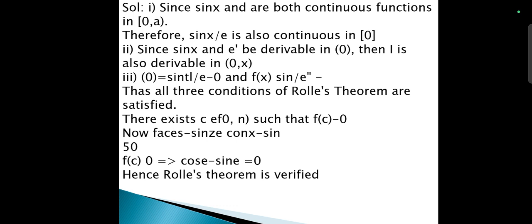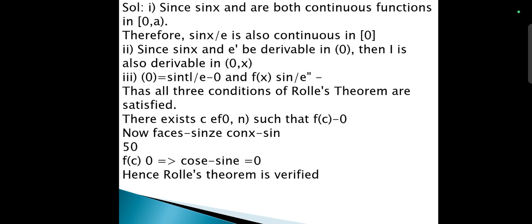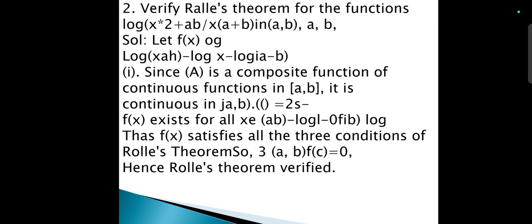Thus all three conditions of Rolle's theorem are satisfied. There exists c such that f dash c is equal to 0, that is, cosine c plus sin c is equal to 0. Hence Rolle's theorem is verified.